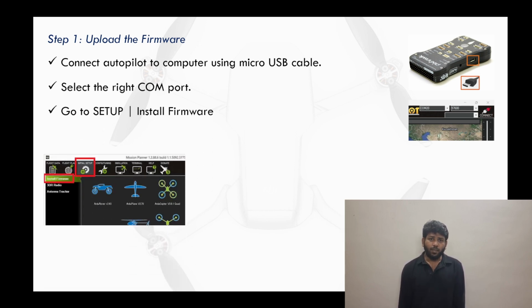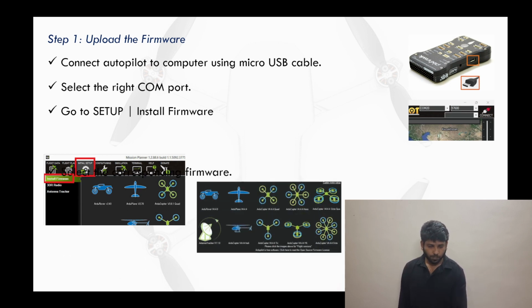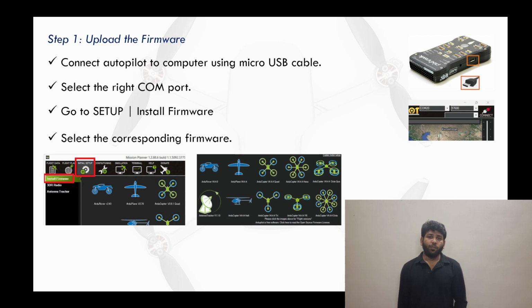In Mission Planner, go to Setup menu, then choose Install Firmware option. Then follow the prompts within the Install Firmware section to select the desired firmware for your autopilot and confirm your selection to initiate the upload process.